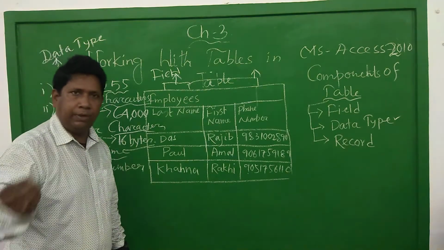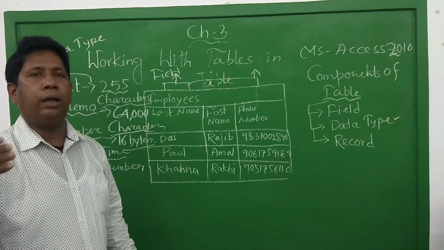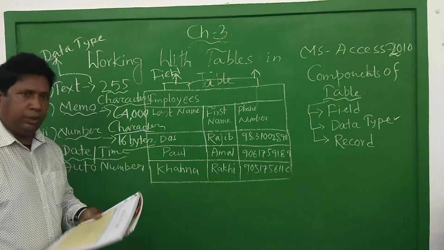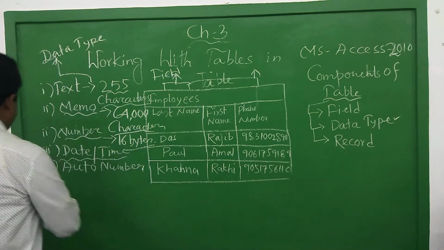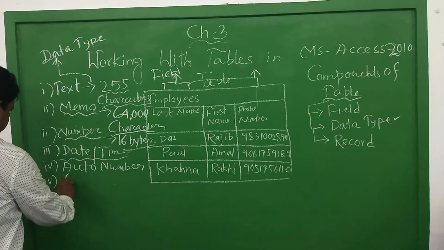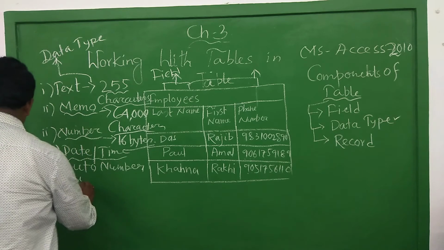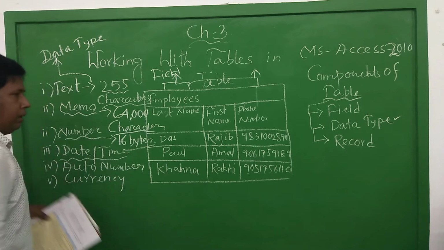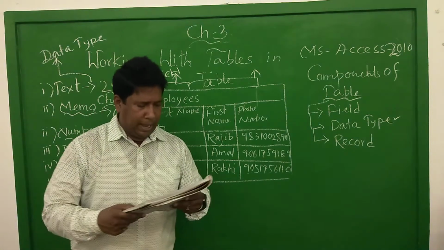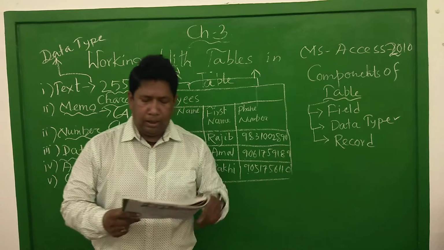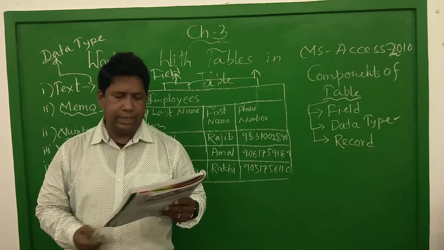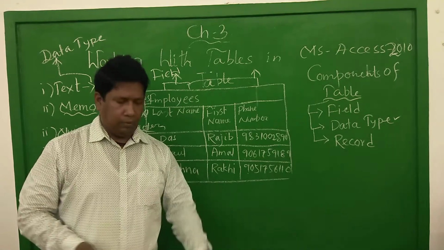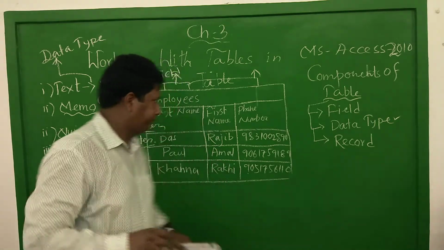After completing the field, you just press enter, and we can find a new auto number box will appear with a new number. Next is currency. If you want to store currency values and display them in different formats, we can use currency.